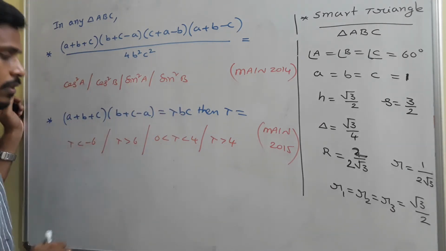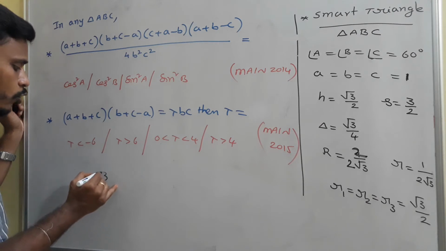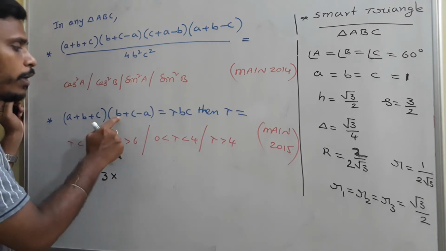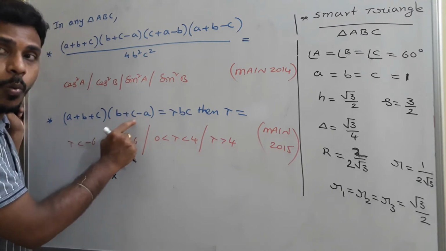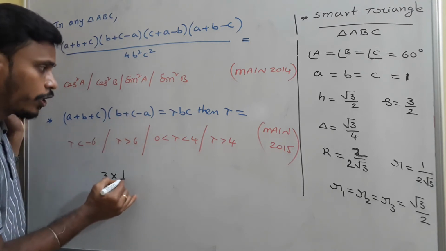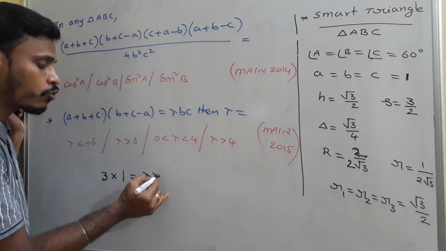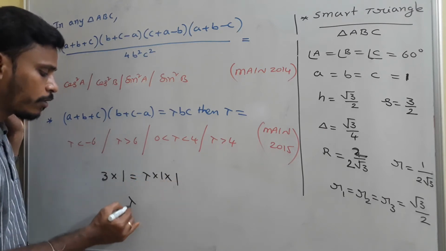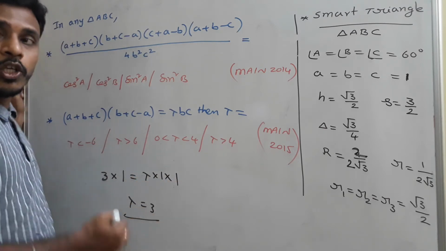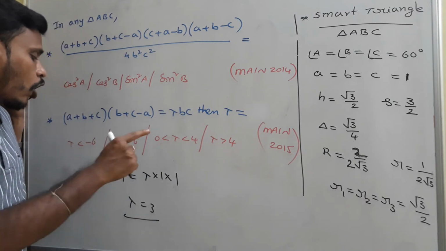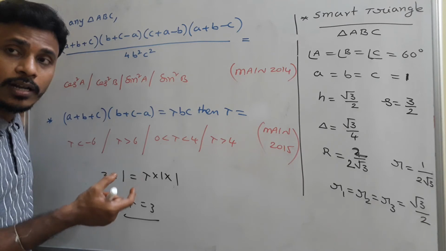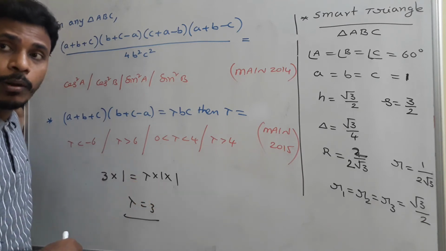A plus B plus C, our values are 1 plus 1 plus 1, so it is 3, into B plus C minus A, our values are 1 plus 1 minus 1. 1 minus 1 is 0 and you are left with 1. 3 into 1 is equal to lambda times of B is 1 and C is 1, so simply lambda is equal to 3. So 3 is one possible value of lambda. Among the options, wherever 3 is included, that is your choice. There is the problem, right?